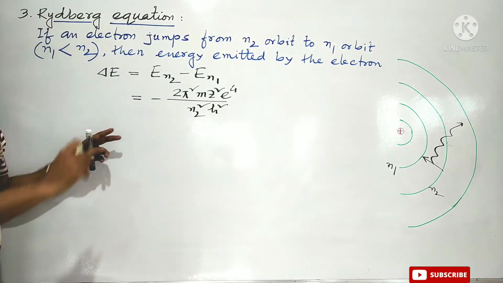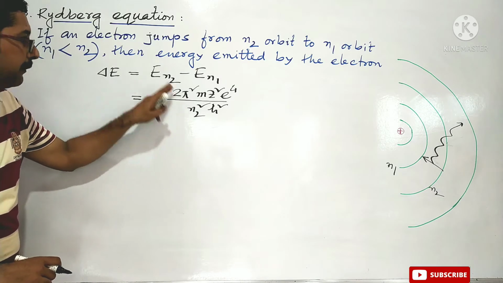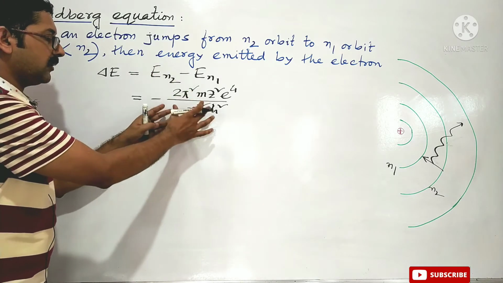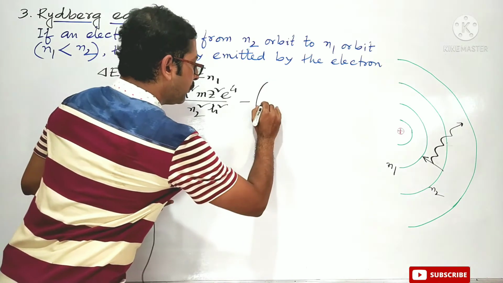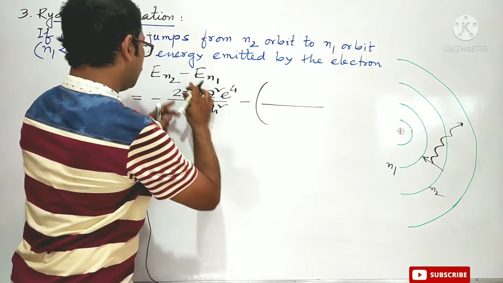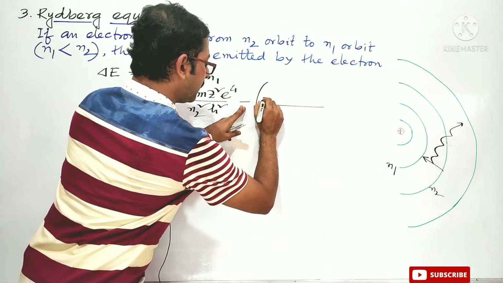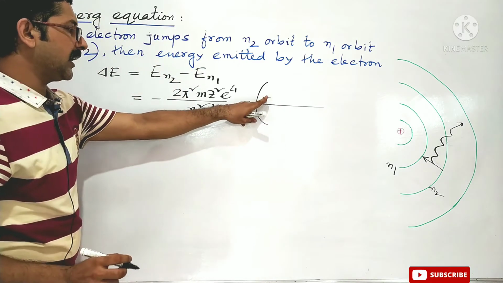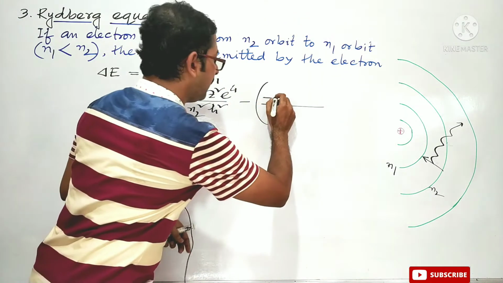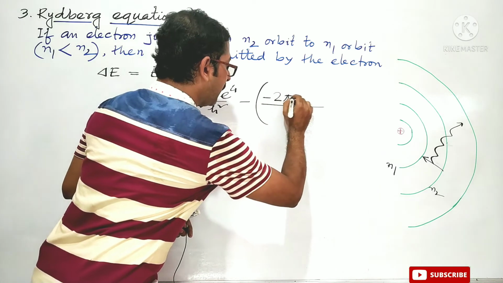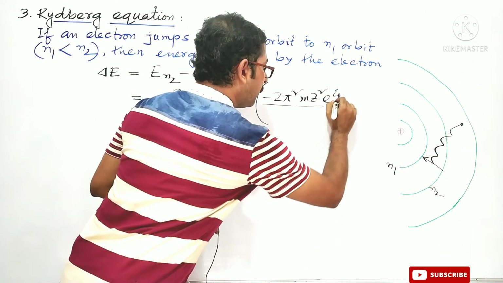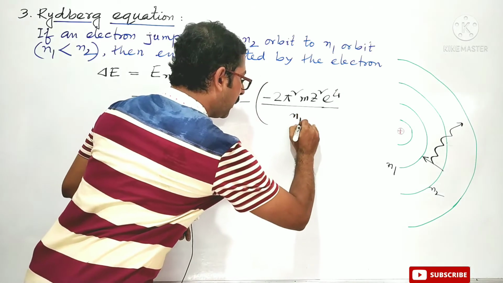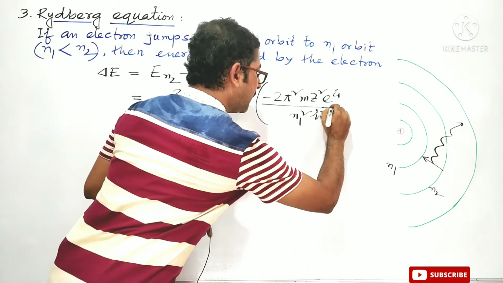I have just replaced this n by n2 for this case, and for E1 we can write, with the negative sign of the energy expression, minus 2 pi square m z square e to the power 4 by n1 square into h square.